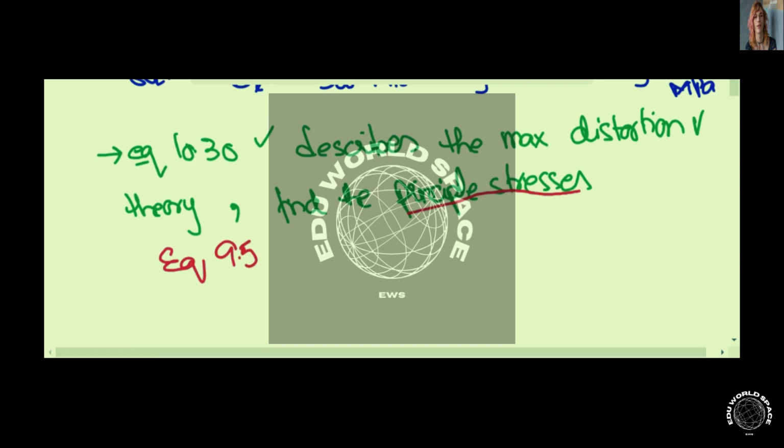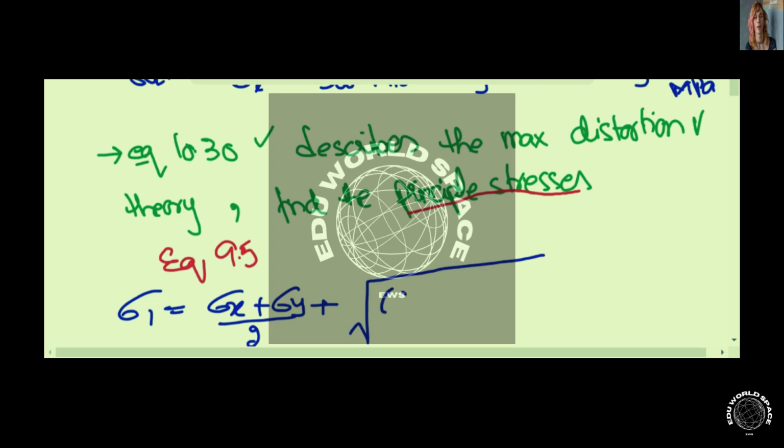So let's use it. Now sigma sub 1 would be equal to (sigma sub x plus sigma sub y) divided by 2 positive under root, (sigma sub x negative sigma sub y divided by 2). This parenthesis encloses this whole fraction, right?